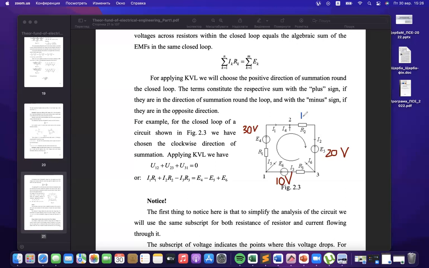Also, you have some consumers, for example, 10 volts on the resistor. I mean, not the resistivity of the resistor, but the voltage that drops on this resistor, as resistivity multiplied by current. This voltage we could find as the current multiplied by resistivity number 2, and this voltage equals 10 volts.